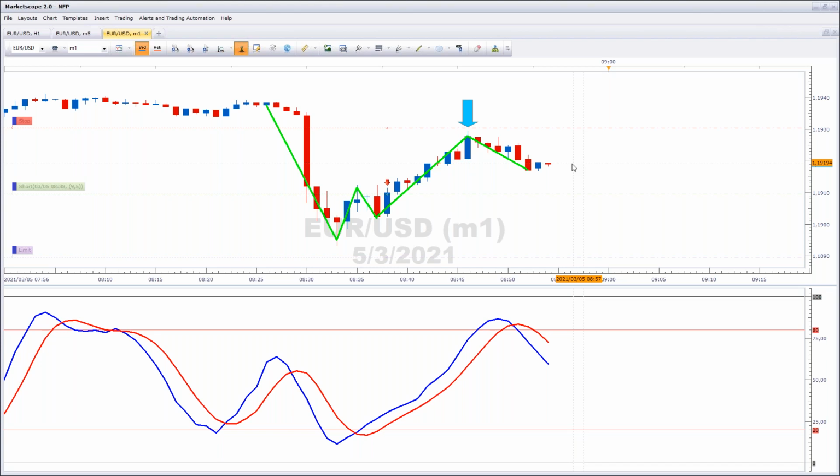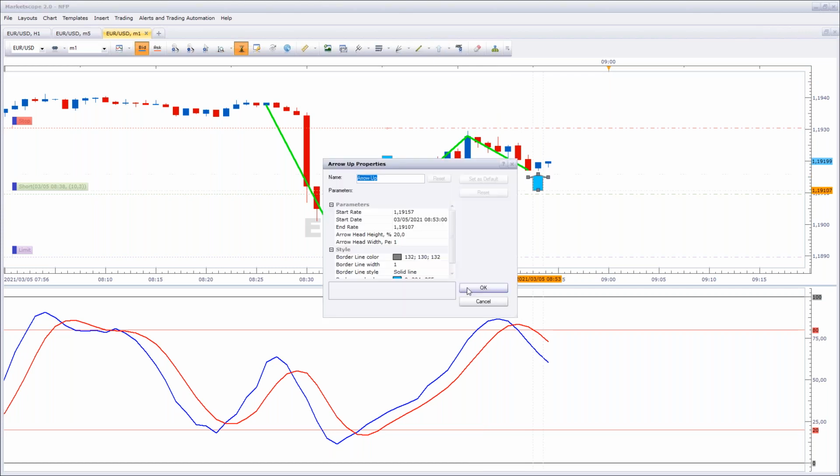Okay, just move this out of the way. Okay, another potential higher trough coming in here, so we just got to be on guard there.